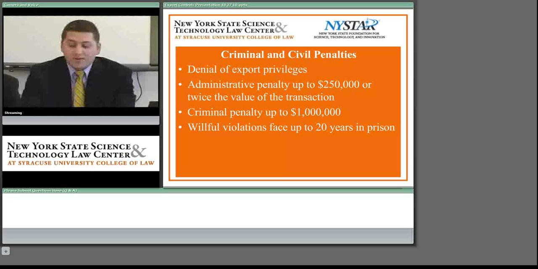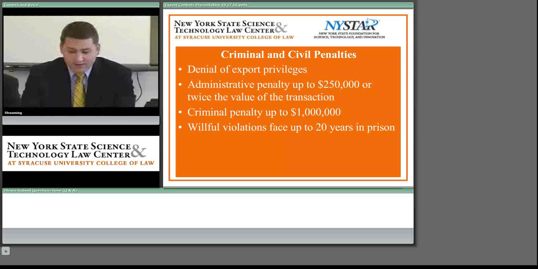Failing to comply with the BIS regulations can result in both criminal and civil penalties, including a denial of export privileges for any transaction that's subject to the EAR, complete denial or a partial denial. Civil penalties have been more common because the BIS does not have to prove an intent to violate on behalf of the individual or company.